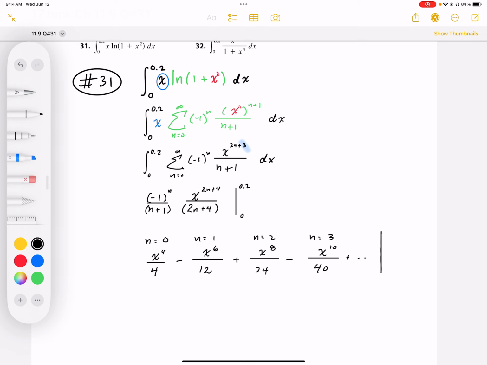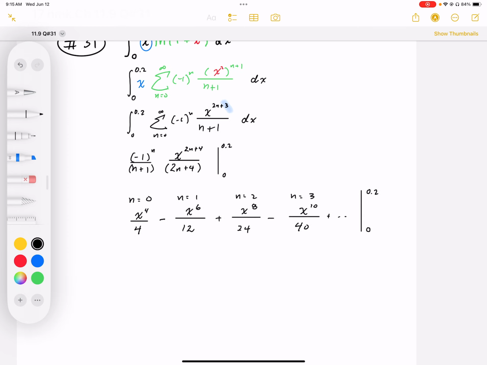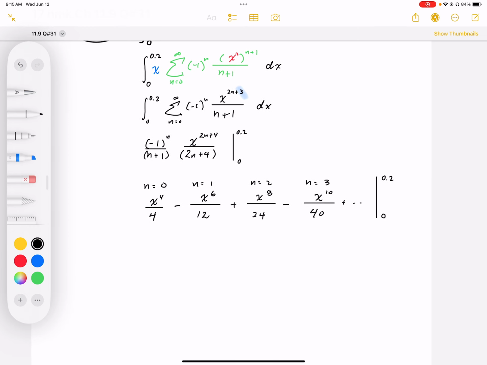But we're going to integrate this from 0 to 0.2. Now, I'm pretty sure that we can do this within the 4 terms. So I'm going to do some calculations here. I need to get 6 decimal places of accuracy. So when I calculate n equals 1, I plug my bounds in.